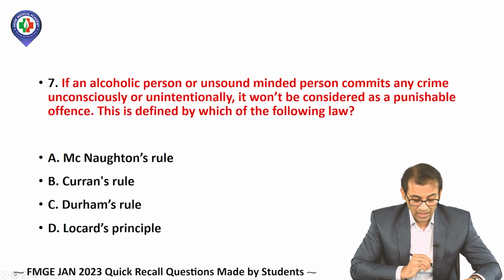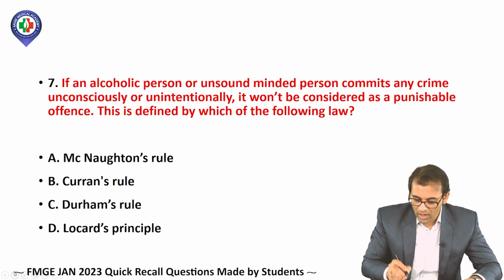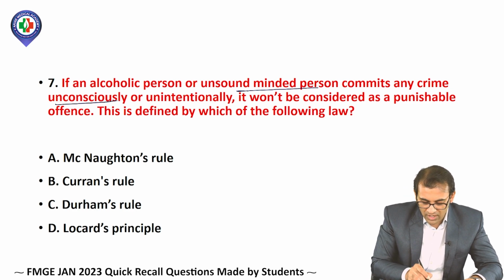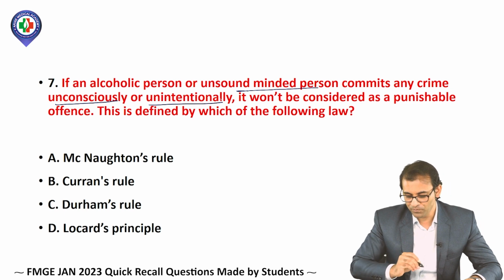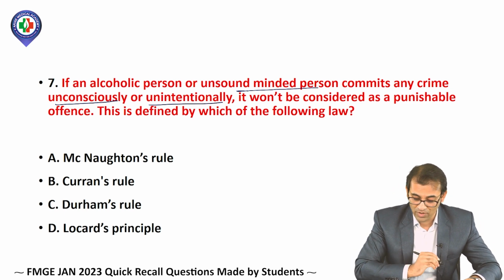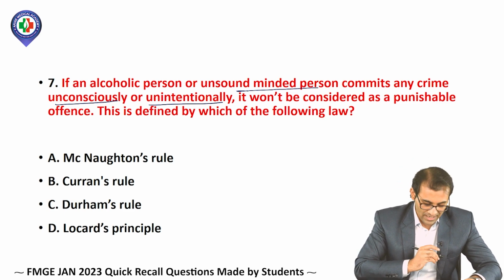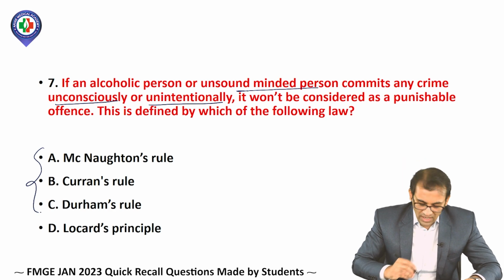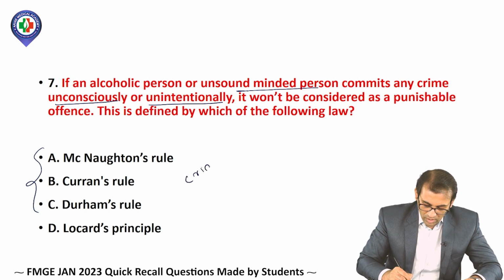See question number 7. If an alcoholic person or unsound-minded person commits any crime unconsciously or unintentionally, it won't be considered as a punishable offense. This is defined by which of the following law? Please understand here that option A, B, C, all these rules are related to criminal responsibility of insane.